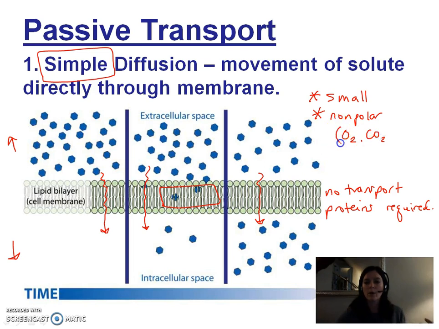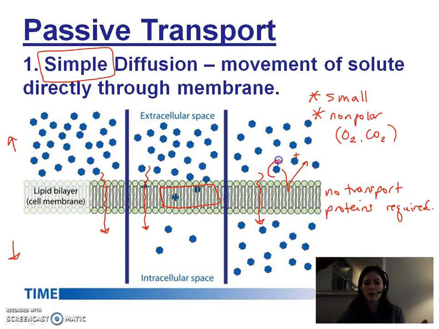Those are both small, nonpolar molecules that are able to simply fit directly through that plasma membrane without needing any assistance. If you were to think about a charged molecule, let's say that this one here had some charges on it. If this molecule tried to go through the plasma membrane, it would get repelled. Remember our discussion about oil and water?